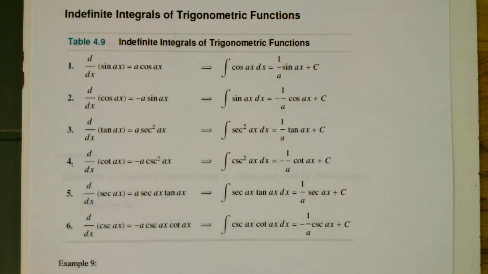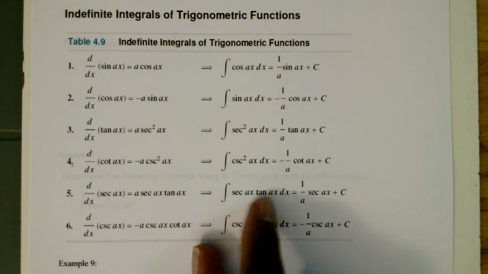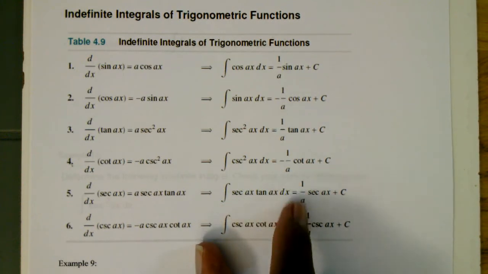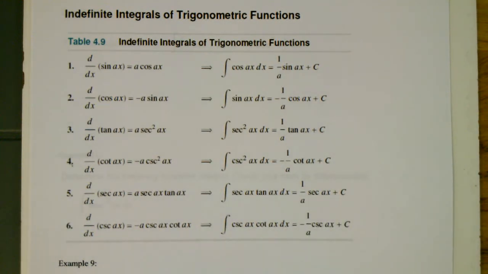And then number 5, the derivative of the secant of ax would be a times secant ax tangent ax. The integral of secant ax tangent ax dx is going to be 1 over a times secant ax plus c. And a, by the way, is going to be a constant in front of the variable.